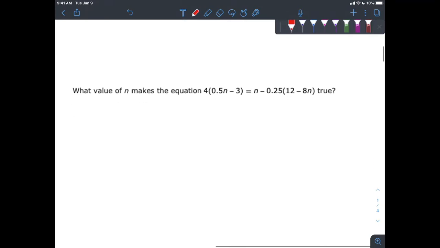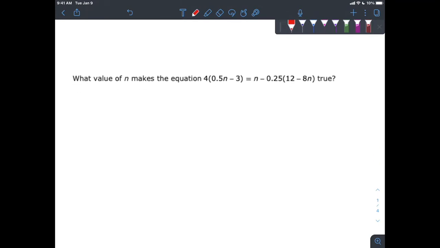Next one. What value of n makes this equation true? So I could use an n-solve in the calculator, but I'm going to solve this one by hand. So I'm going to first distribute. Actually, I'd really like to get rid of that because that's really ugly. But if we distribute it, it would come out evenly. So 4 times 0.5.